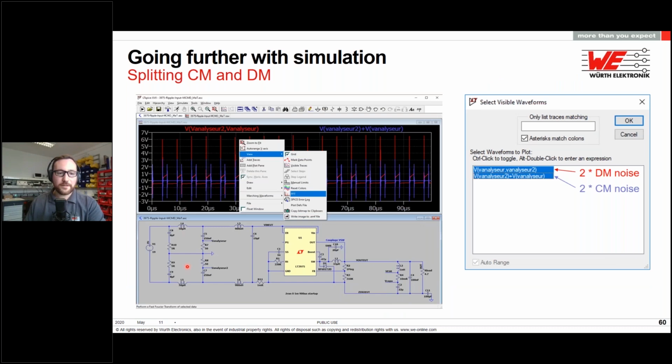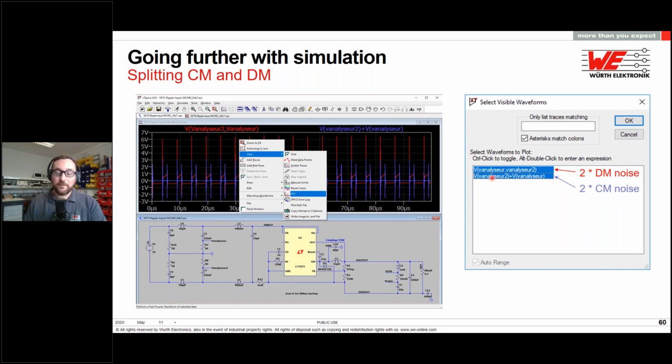To do that, you click on your time domain simulation, view, FFT, and once in FFT, you just have to read carefully: Alt double click to enter an expression. As you enter the expression, analyzer 2 minus analyzer, analyzer 2 plus analyzer, then you have 2 times the differential mode and 2 times the common mode.